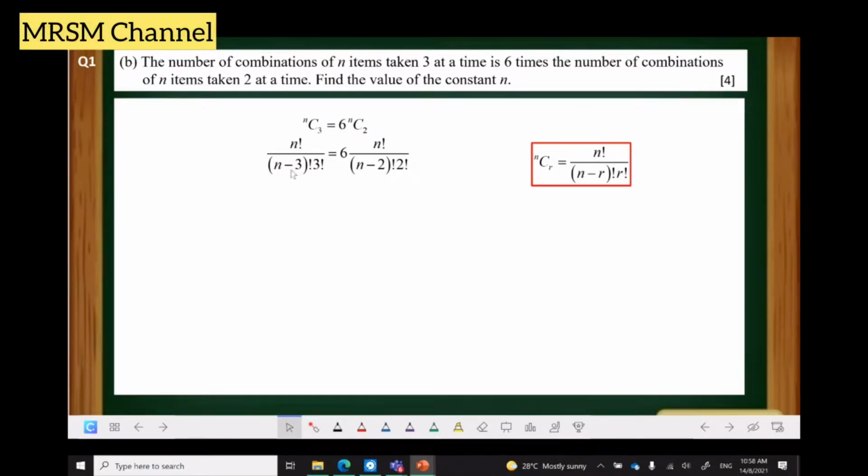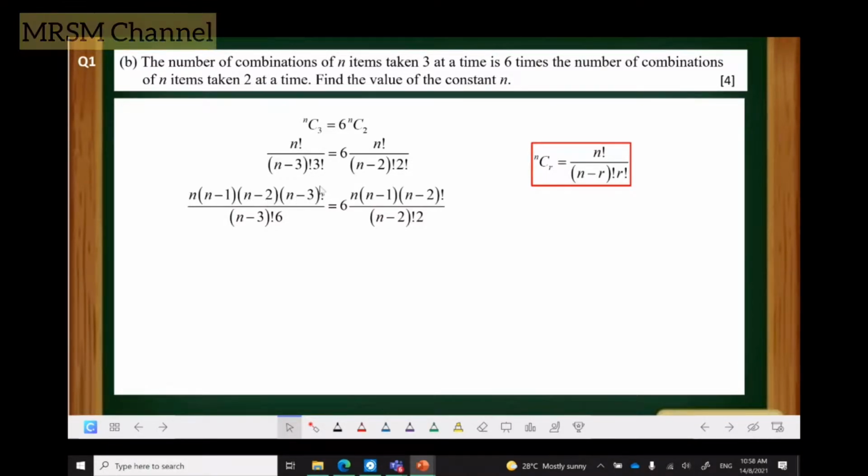Okay, n factorial means n times n minus 1, n minus 2, n minus 3, n minus 4, so on sampai 1 kan. Okay, tapi sekarang ni because bawah dia ada n minus 3 factorial, so we expand n factorial ni, dia akan jadi n times n minus 1, n minus 2, n minus 3, and then we stop dekat n minus 3 sebab bawah ada n minus 3 factorial. Okay, so we stop and then we put factorial symbol here.